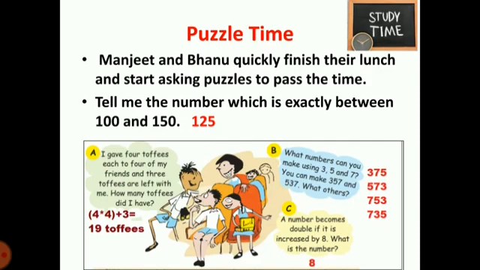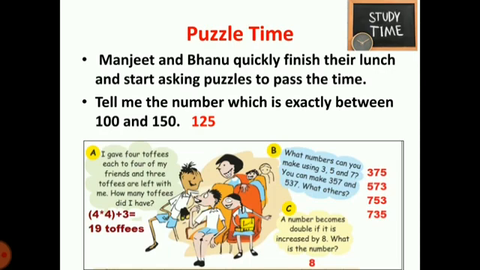How many toffees did I have? So 4 into 4 is 16. He gave 16 to his friends, but he has 3 left. So the total number of toffees that child had is 19, because 16 plus 3 is 19.